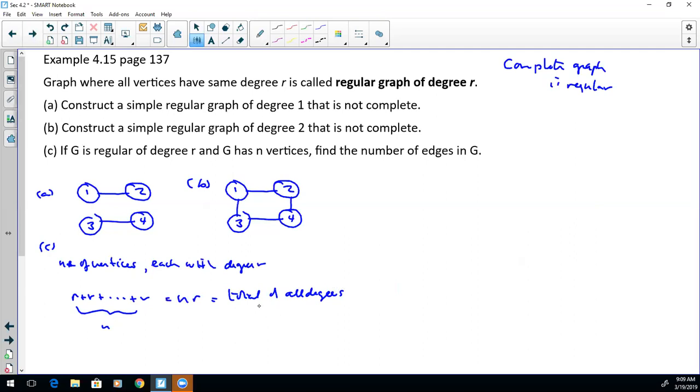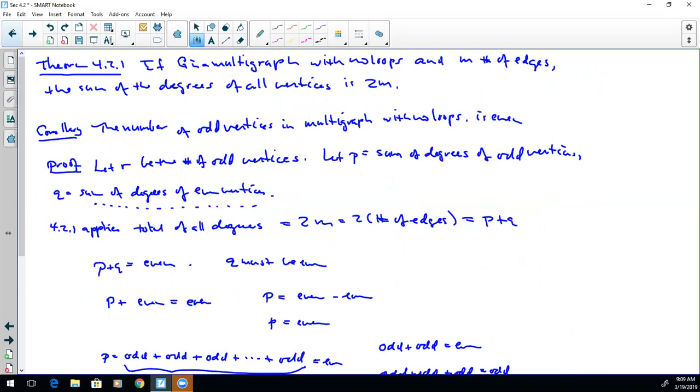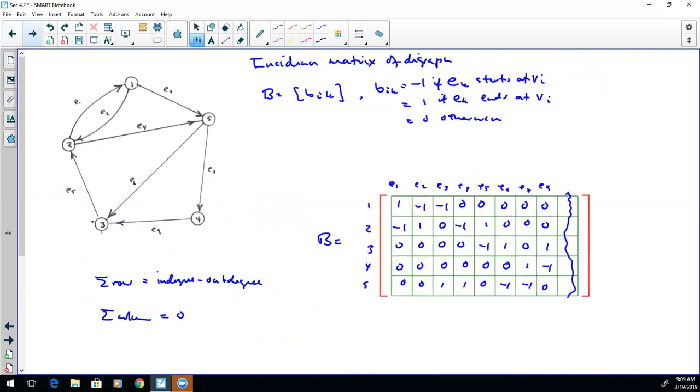Now I'm assuming this is a graph with no loops, which means we can use theorem 4.21. If G is a multigraph with no loops and m number of edges, the sum of the degrees is 2m.